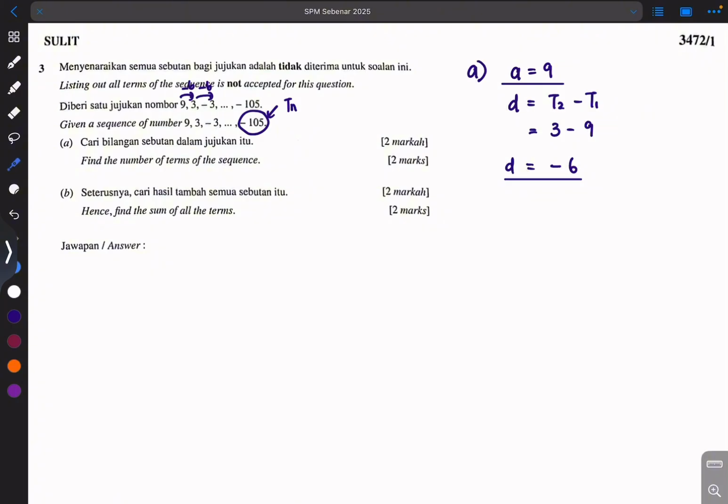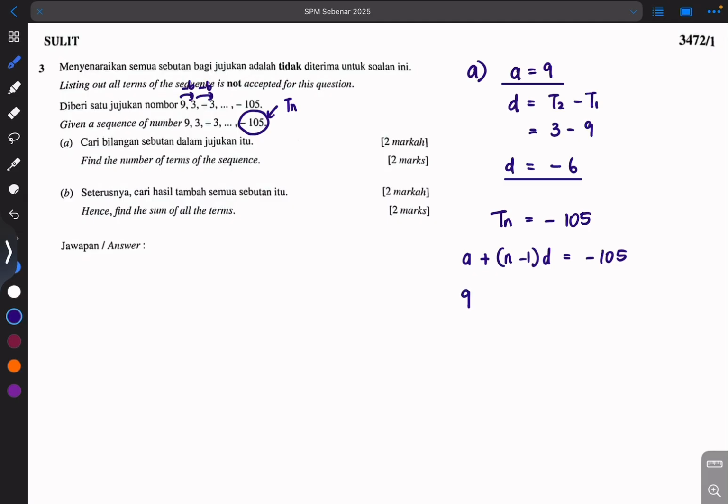We need to find the value of n. The formula for Tn would be a plus (n minus 1)d. This formula is given in the exam, so don't worry. You just have to know which Tn is for arithmetic and which is for geometric. For arithmetic, the Tn will have d. For geometric, it will be r.